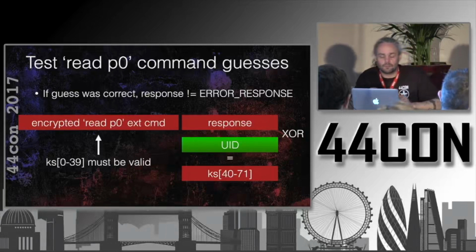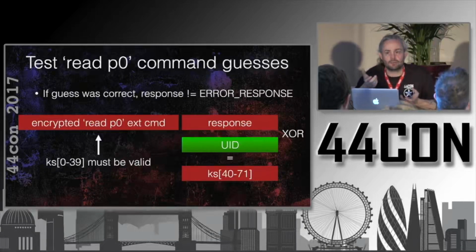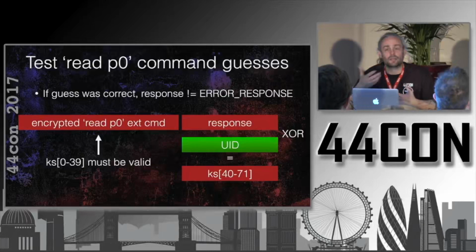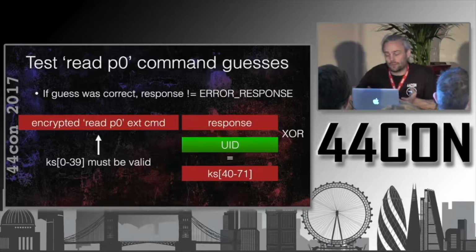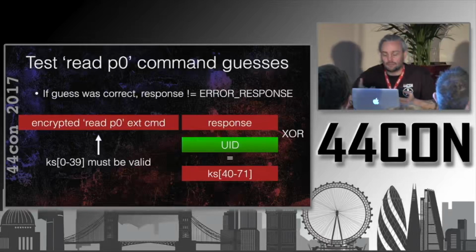So that guess is wrong, move on to the next guess and cycle through all 16. But when you get a response that isn't the error response, that means the tag successfully accepted that 40-bit command, which means it decrypted properly, the comms integrity stood up, it understood it, and therefore replied with page 0. At which point we can XOR that with what we know is page 0, the UID, and we've now got another 32 bits of key stream.